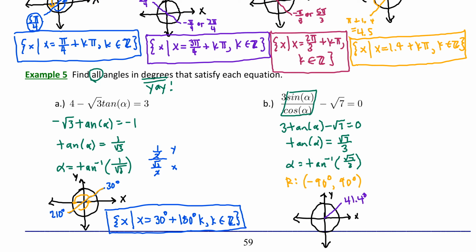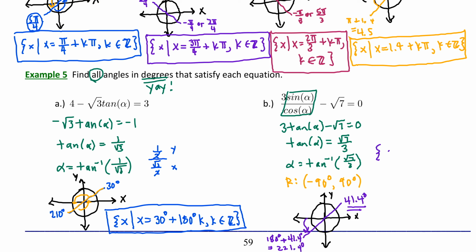Let's go ahead and acknowledge that tangent is also positive in quadrant 3, and we could locate this other angle by taking 180 degrees and adding that to our reference angle of 41.4 degrees, and this would give us a location of 221.4 degrees. But this one will be sufficient for expressing all of our solutions.